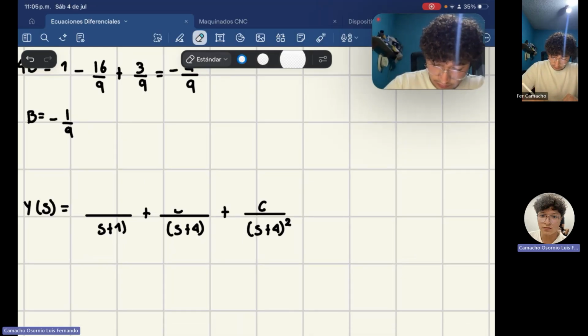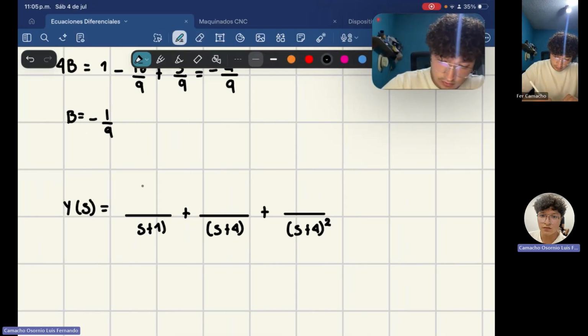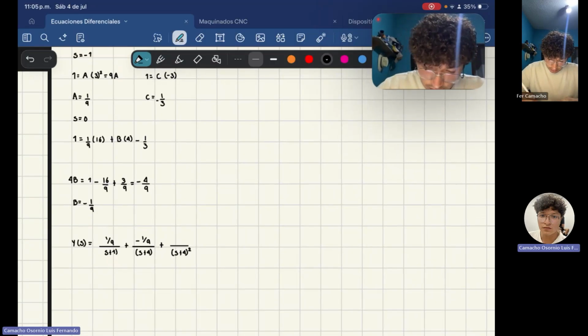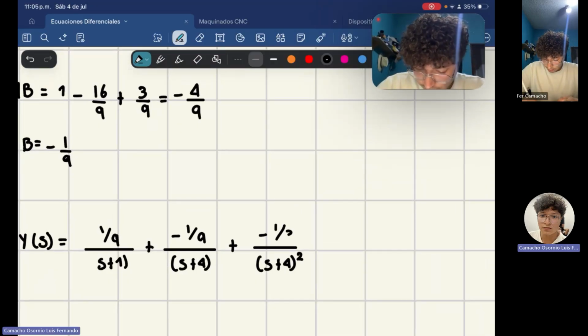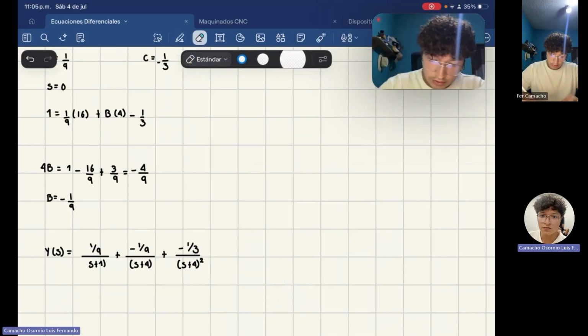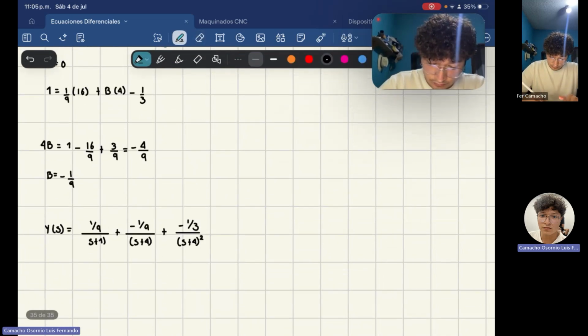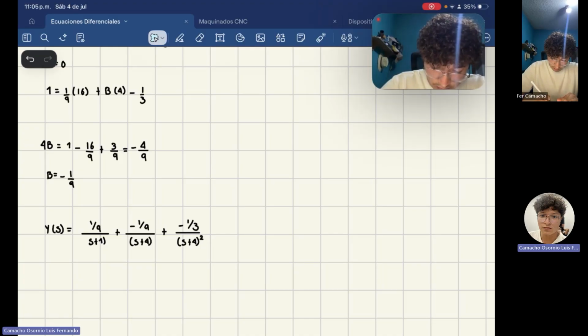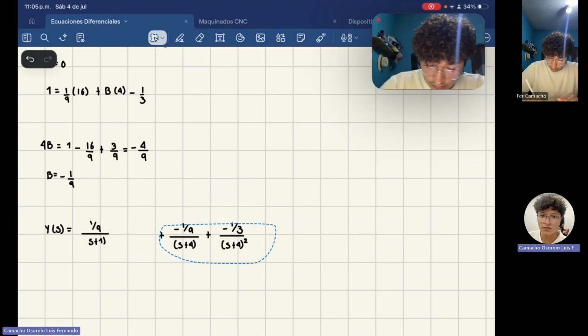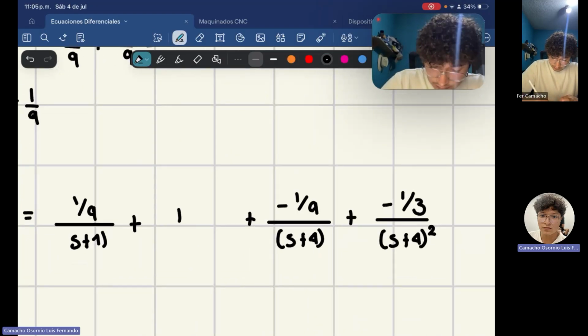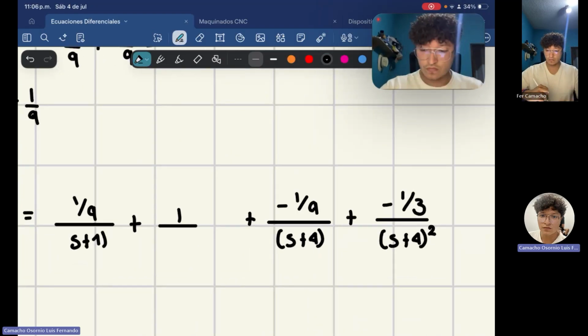And we have the values, it's 1 over 9, minus 1 over 9, and minus 1 over 3. But we have to apply this value, so it's over s plus 1. We're going to add plus here. Okay.